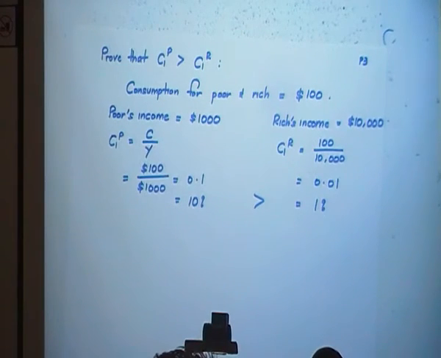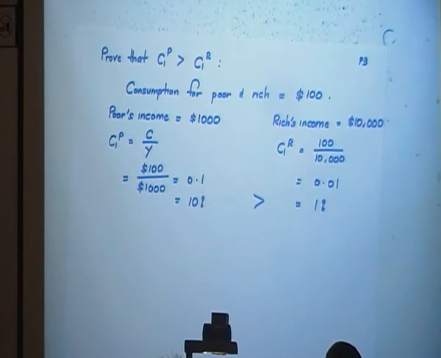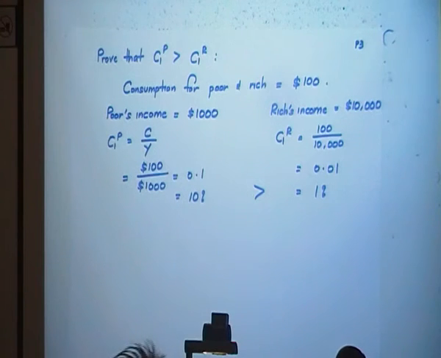I will show you that the consumption level for the rich and the poor is the same, $100 that they are spending in the economy. But if we look at the poor's income, 1,000, rich income, 10,000, you look at the proportion of their income that they are using for spending. What do you notice? Who is using more of their income for spending? It is the poor people.